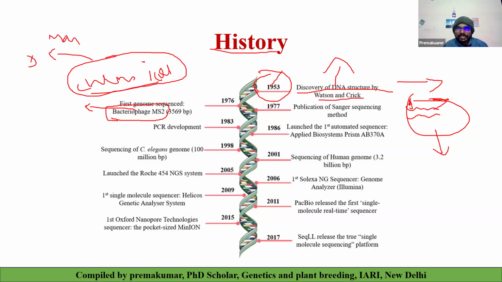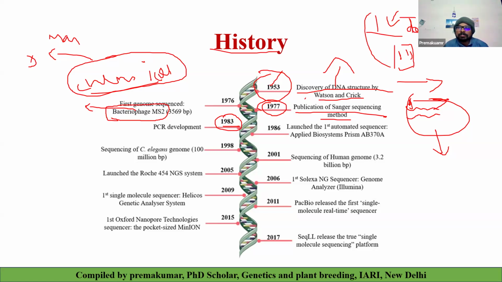Then in 1977, the Sanger sequencing method was published. Soon after that, in 1983, actually it was gel based. You shear the DNA, then you add terminator nucleotides, you terminate the growing chain and you observe it in the gel.